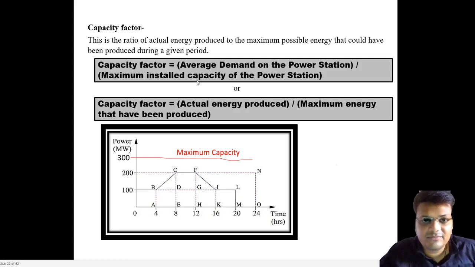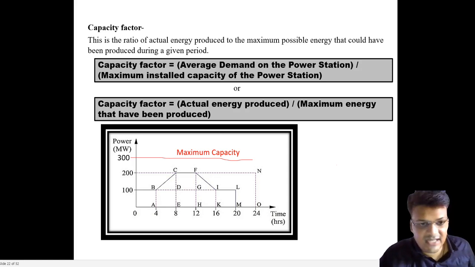So simply we will calculate the average demand on the power station. How will we calculate? We calculate the area under the curve divided by the 24 hours, which gives the average demand, upon the maximum installed capacity. It will be mentioned in the question or given in the diagram, that is 300. It will give the capacity factor.